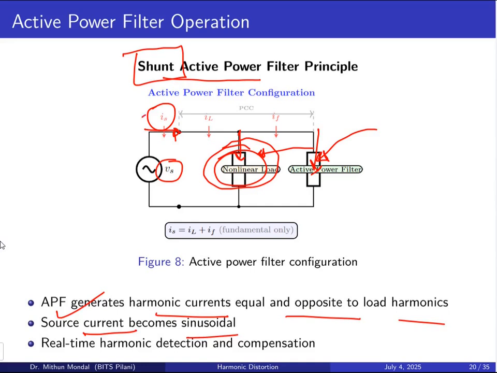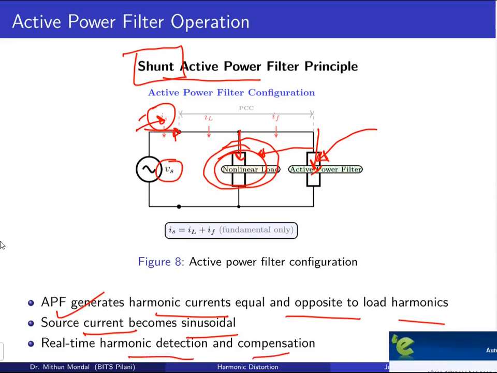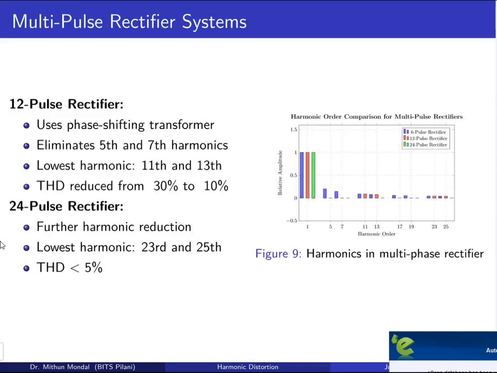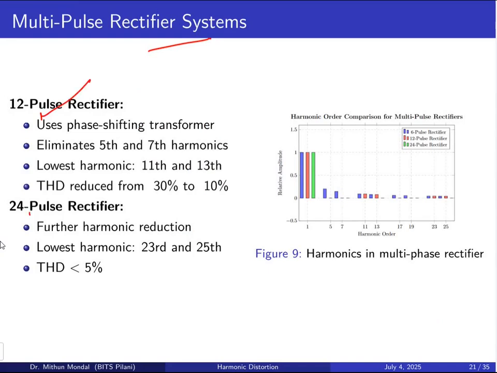Whatever source current you have is impacted by the presence of the harmonics, but when we use the active filter, it will become sinusoidal. Real-time harmonic detection and compensation is also possible when the system is under operation, with an automatic process using the active filters.